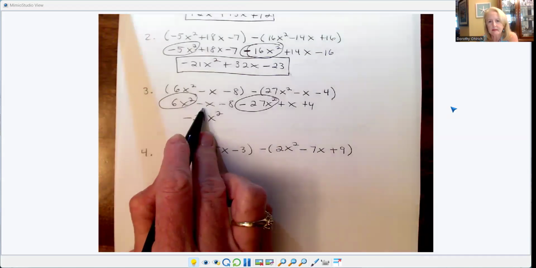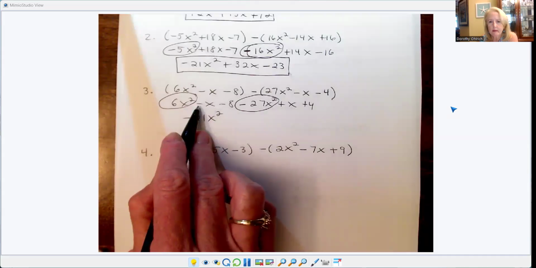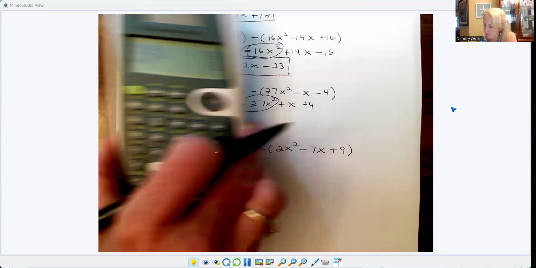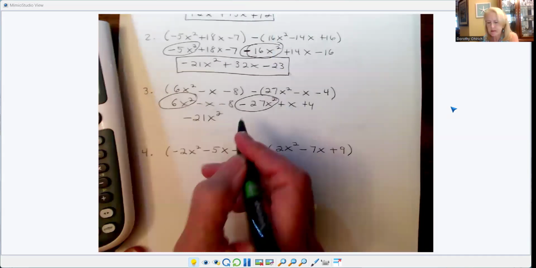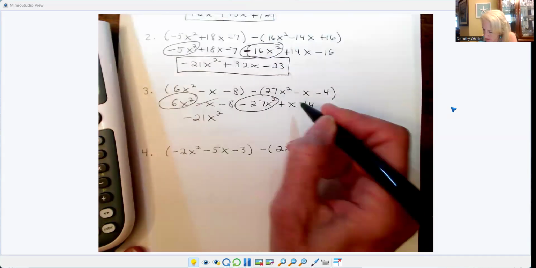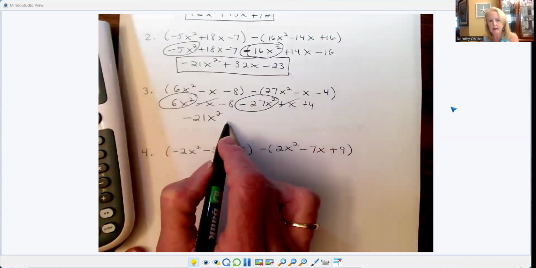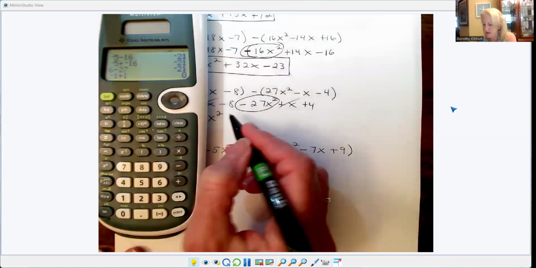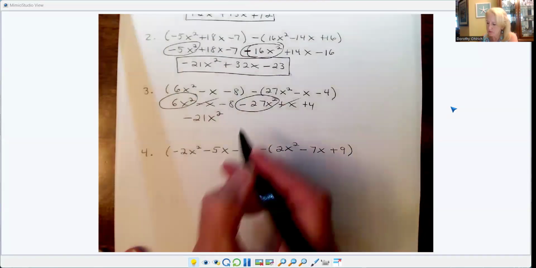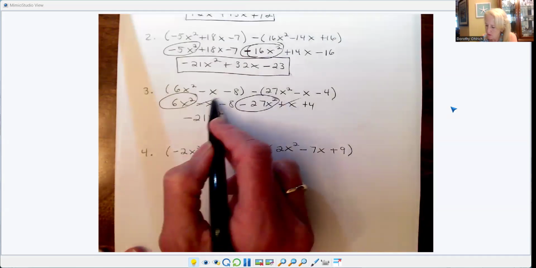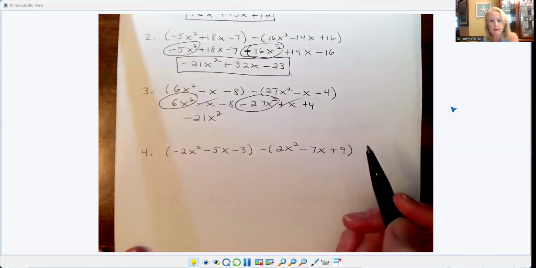Now what happens with this? Negative 1 plus 1. If you put that in the calculator, you get 0. So do I bring down an x? No, they cancel out. If I put down an x, then that means 1x, not 0 x's. And there's no need to put plus 0. So I'll just draw a line through them to cancel them out.